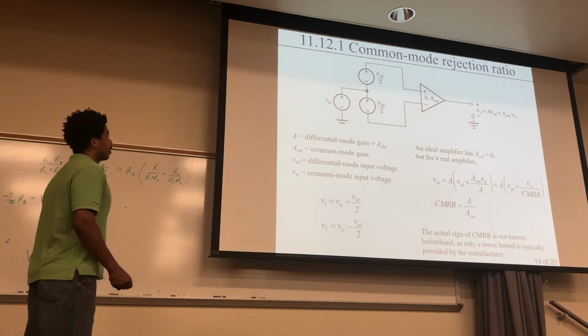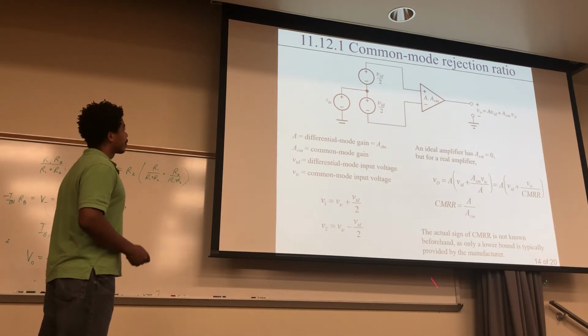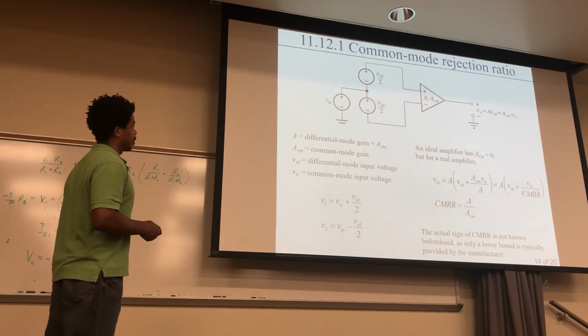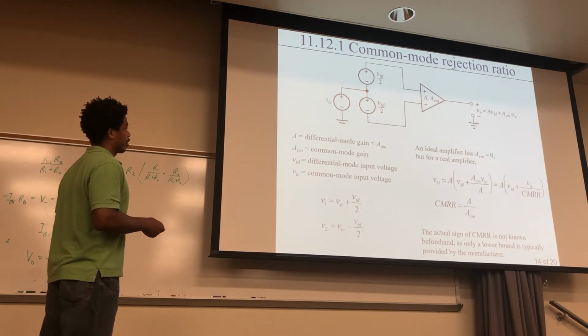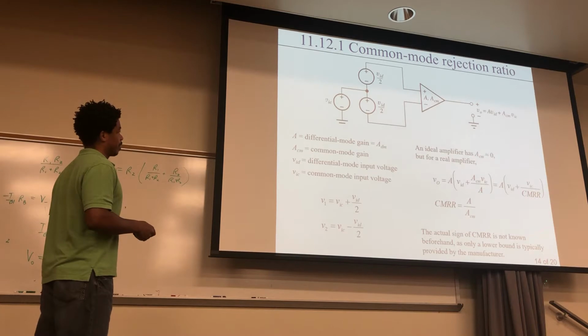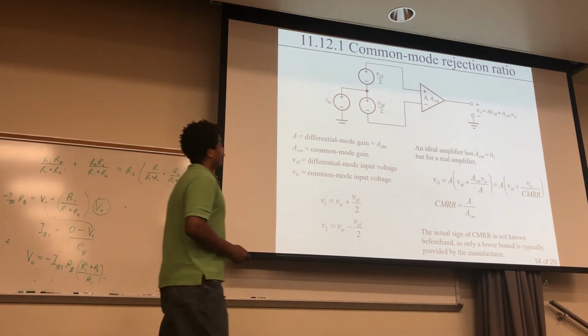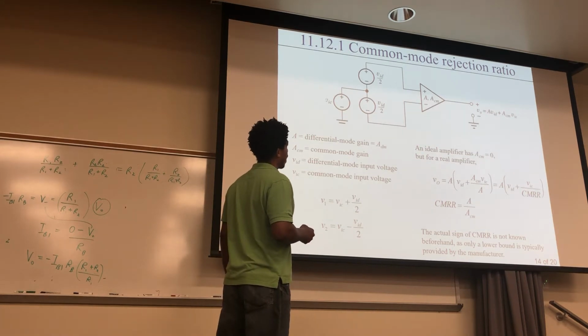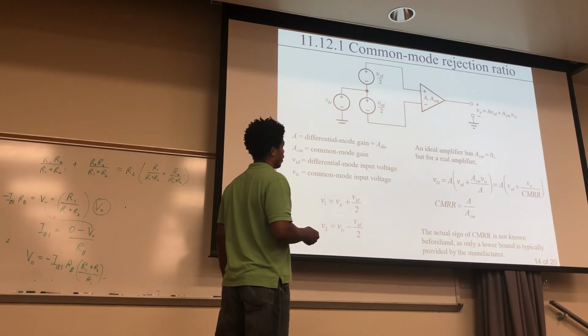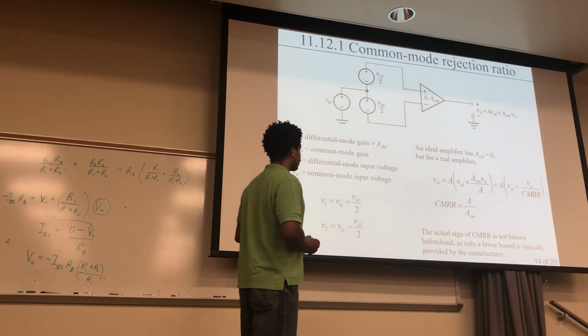Okay. So in this case right here, the V1 is going to be the VIC, the average input, plus this right here, over 2. This is going to be the VIC minus that. Now for our ideal amplifier, we've been using ACM is 0, but for a real amplifier, we have to deal with this right here. Okay?